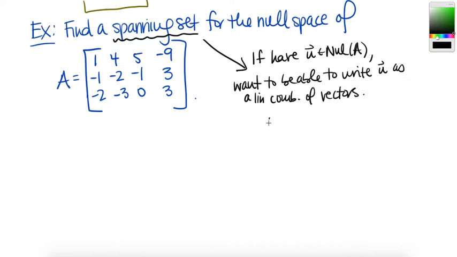Okay, so I want to be able to take that u and say, well, it's something times this vector plus something times this vector plus something times this vector.